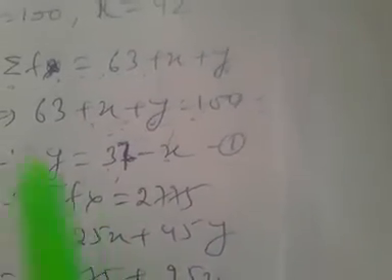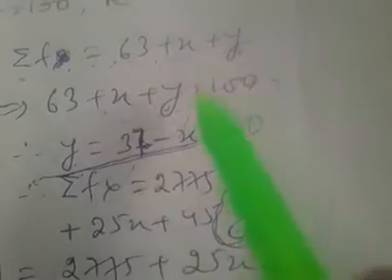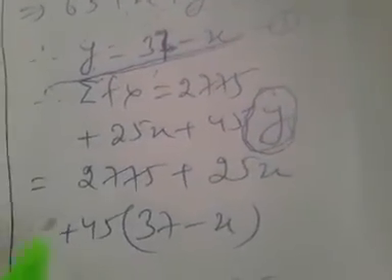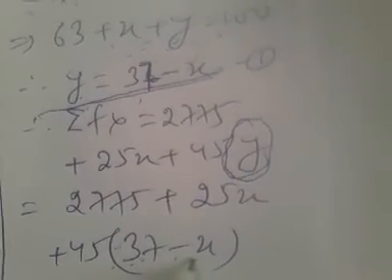But we have obtained the value of y over here. So we will substitute the value of y from equation number 1. So this 45y will be written as 45 times 37 minus x.